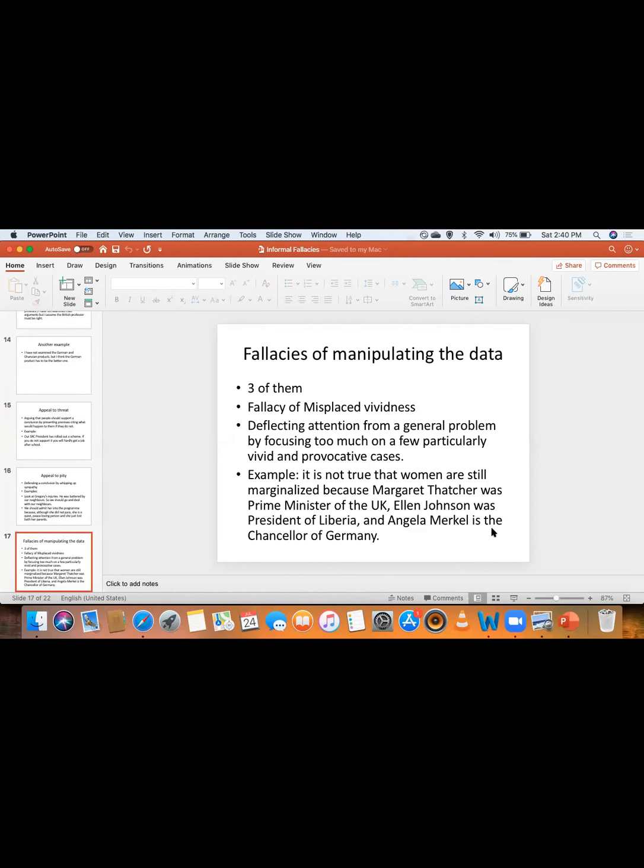Then we saw the fallacies of manipulating the data. We saw three of them. First of all, we saw the fallacy of misplaced vividness. If you say, for instance, that Africans are no longer marginalized because Kofi Annan was the Secretary General of the United Nations, so that means Africans are no longer marginalized, that's a fallacy of misplaced vividness, because we are using the case of Kofi Annan, which is so vivid, to deny a general problem of the marginalization of Africans.